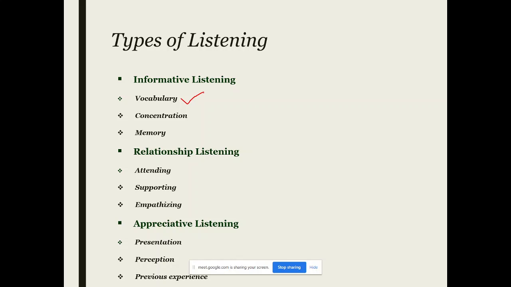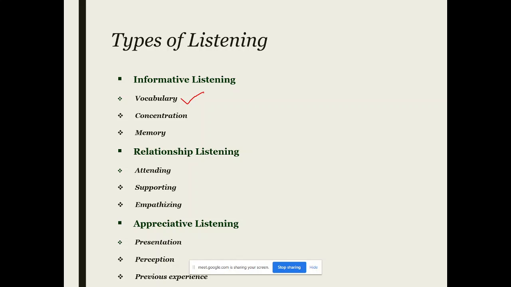We need to have a very good vocabulary in order to gather information, to store that information in our mind, and to recall that information, let us say, at the time of writing your answer sheets, or speaking to some of your friends, or recalling at lectures or seminars, etc.